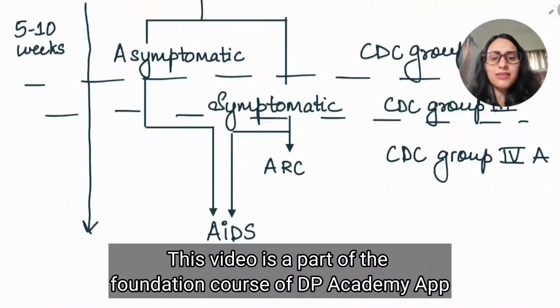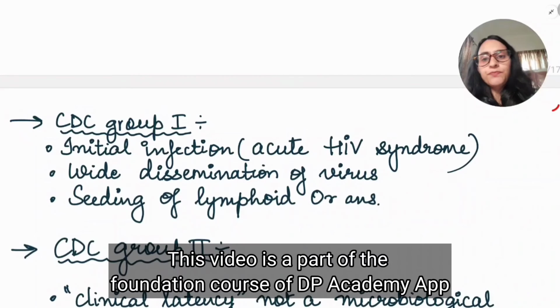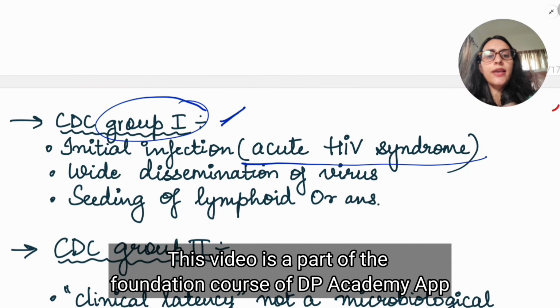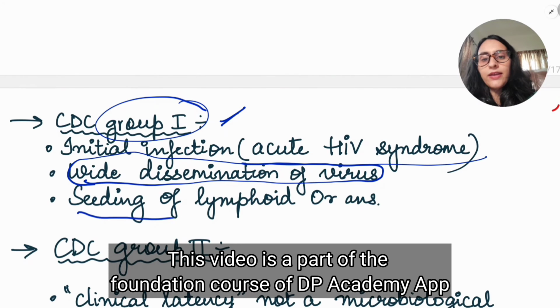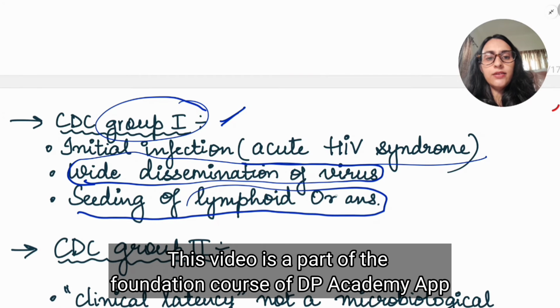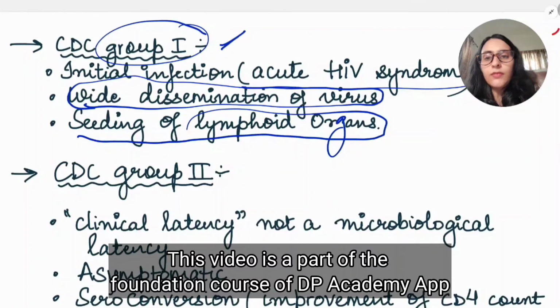All these things, aches and pains basically, are seen in the CDC group 1 individual. So this is the initial, that is acute HIV syndrome, because acute HIV syndrome is generalized weakness, weight loss, all these things that are associated with other viral illnesses also. So what happens, there is roaming of the virus in the organs of the body. And then this virus goes and sits inside the lymphoid organs.